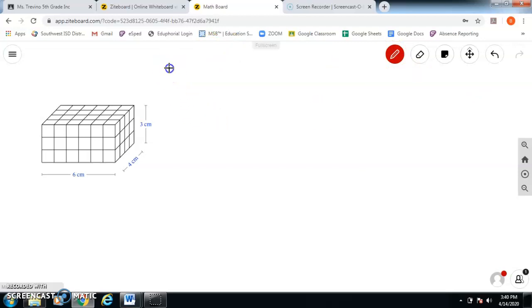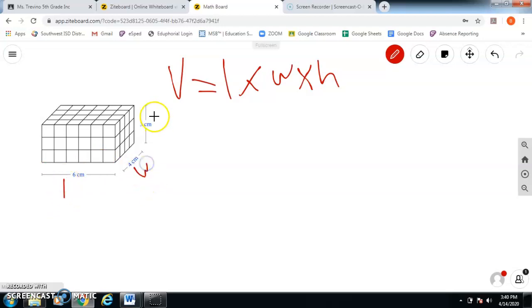It's to write down our formula. V equals L times W times height, right? Now let's label those numbers. Label our numbers, label our measurements, right? This is our length. This is our width. This is our height.